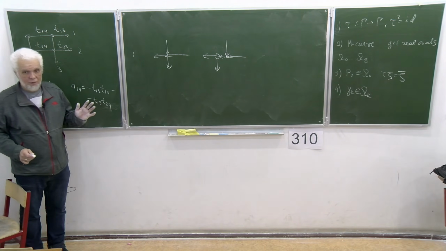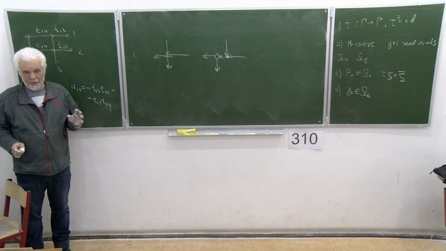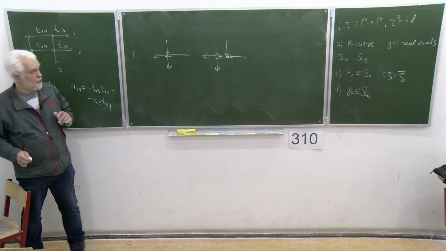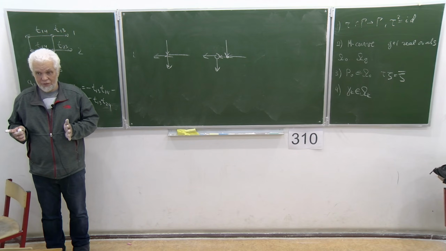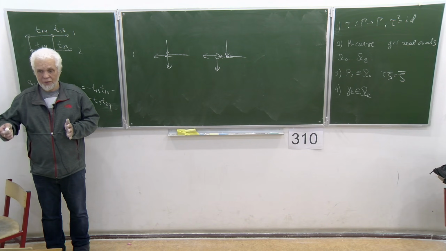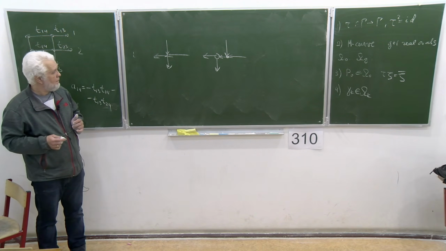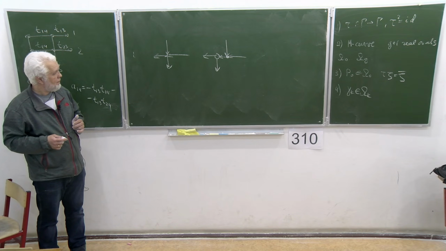You see, if you have 4-valent vertices, we apply such a transformation and we obtain a graph with only 3-valent vertices. But you could as well move the bottom arrow to the right instead of moving to the left.